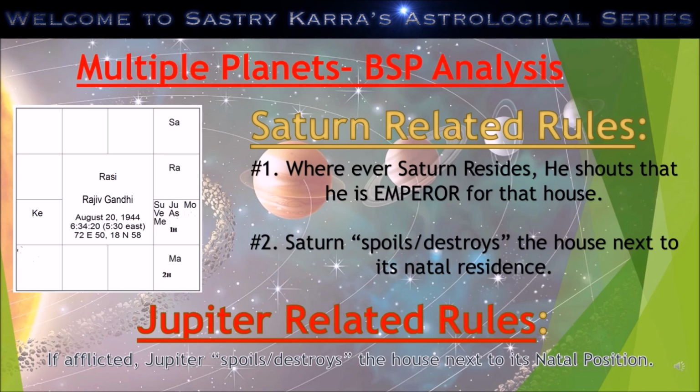Jupiter is already the 8th house lord, so he is already a functional malefic planet, and now it has the aspect of a natural malefic Saturn, so Jupiter is fully afflicted. Now that Jupiter is fully afflicted, it spoils the house next to its natal position, which is the second house.